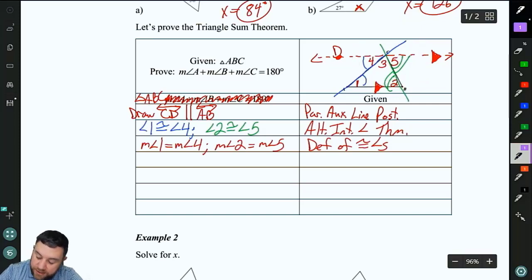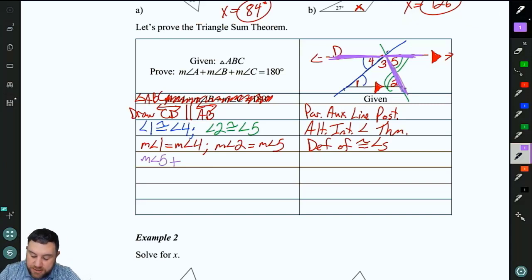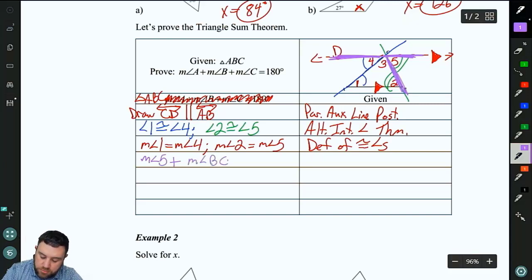What we need to say is that the measure of angle 4 plus the measure of angle 5 plus the measure of angle BCD is 180 degrees.